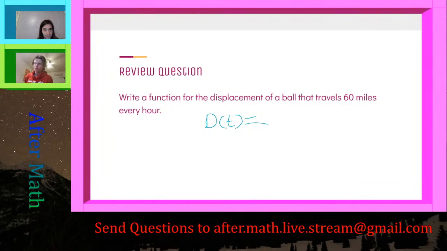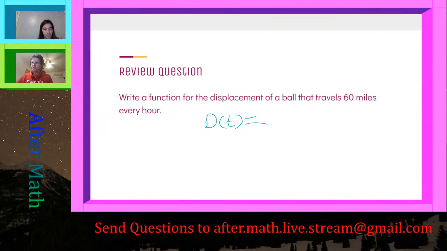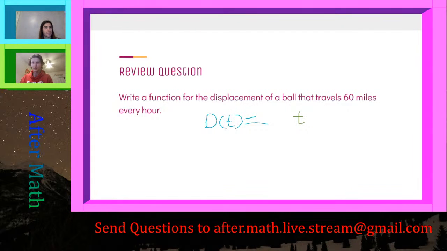What Kip has written so far is how most of the time you'll see functions written: d of some variable. In this situation, we have this number, 60 miles every hour. We know we're going to have a t on this side symbolizing our time, and if it's 60 miles every hour, that will be multiplication.